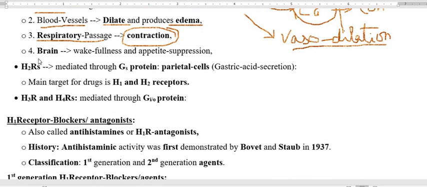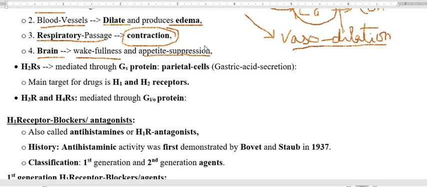And in the brain, when histamine is released, it is responsible for wakefulness. So therefore, when we use an antagonist, it is going to produce sedation, as well as give rise to appetite suppression.